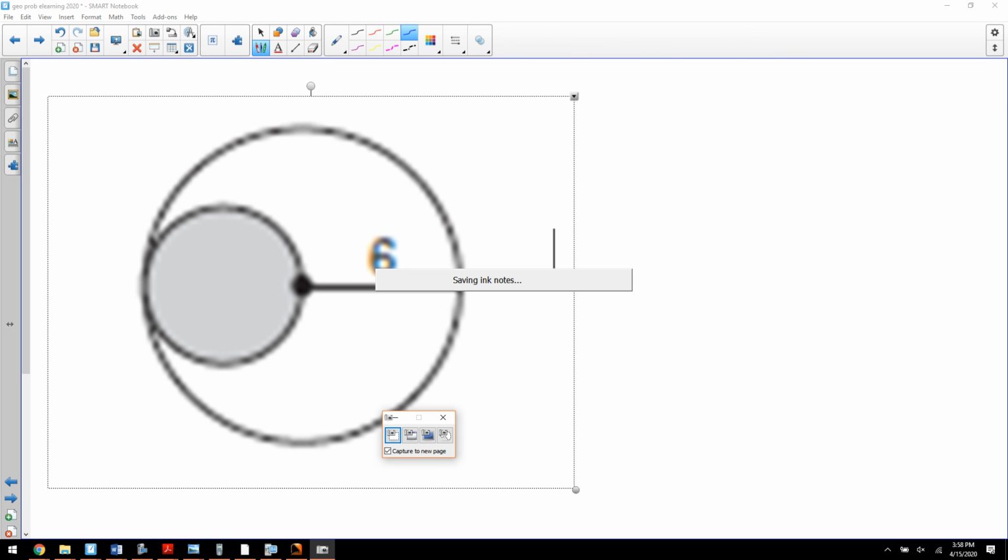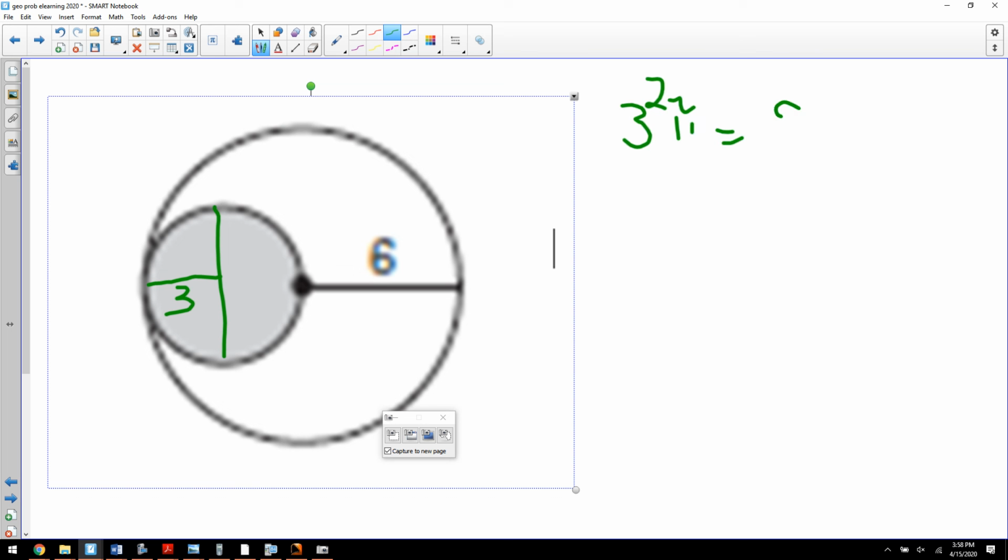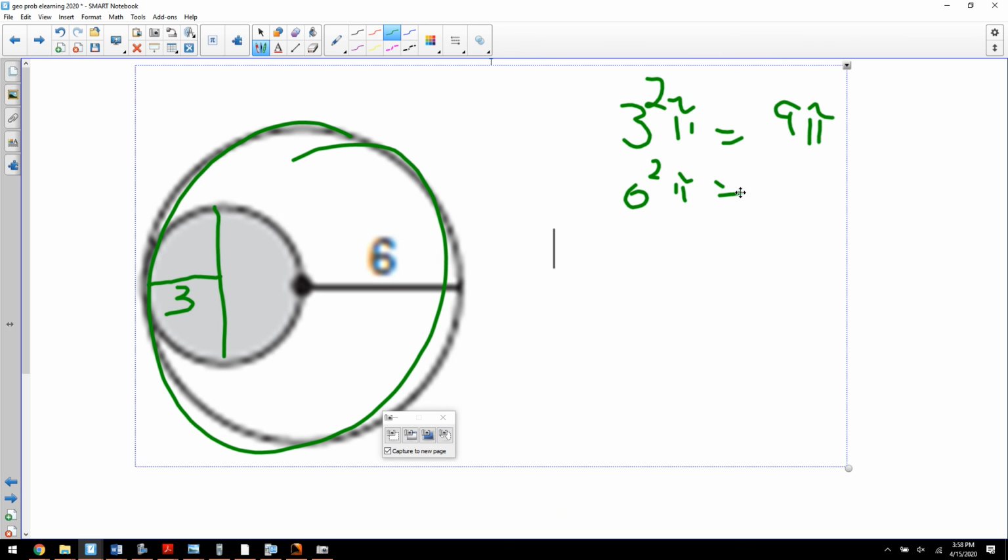So again, this one has a radius of 6, which means that this has a diameter of 6, which means it has a radius of 3. So the area of the shaded region will be 3 squared pi, which is 9 pi. The area of the whole circle is 6 squared pi, which is 36 pi. When you divide that out, you should get 1/4. Okay?